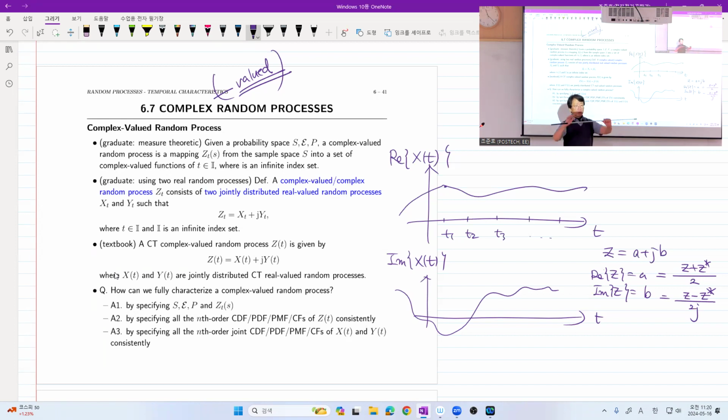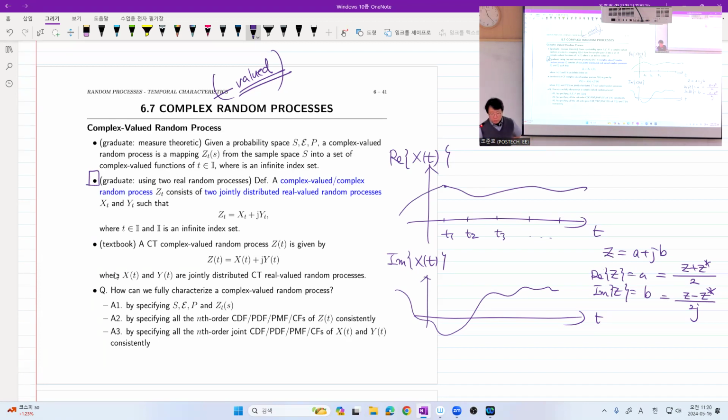And you must draw two axes and put the dots, right? And that is what? That is a two-dimensional random variable or a two-dimensional random vector, right? So never forget the equivalence between a complex valued random process and two real valued random processes. So here goes the definition.